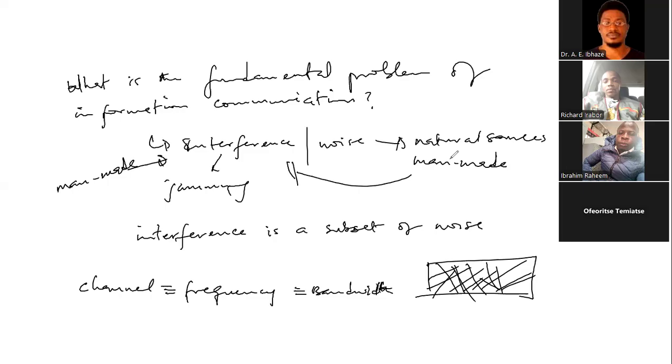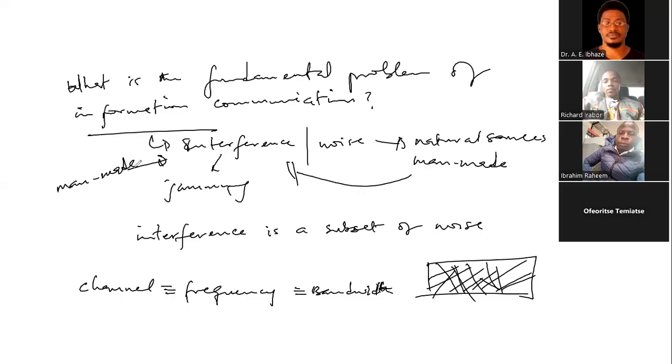Yes, sir. Okay. So if that is clear, what then is the fundamental problem of information communication? Now, I want you to underline the word information. I have not mentioned signal communication, because I want us to begin to talk in context.